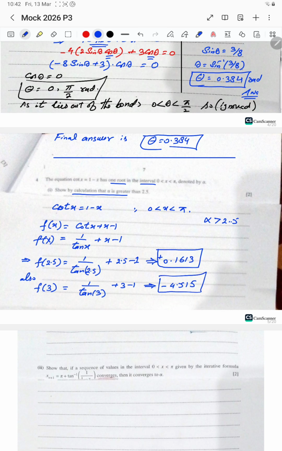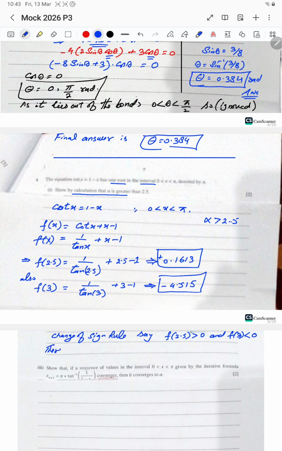So the change of sign rule says f of 2.5 is bigger than 0 and f of 3 is less than 0, negative.